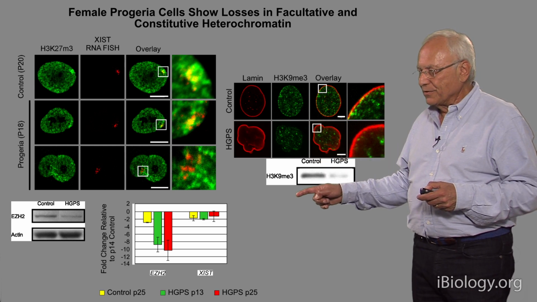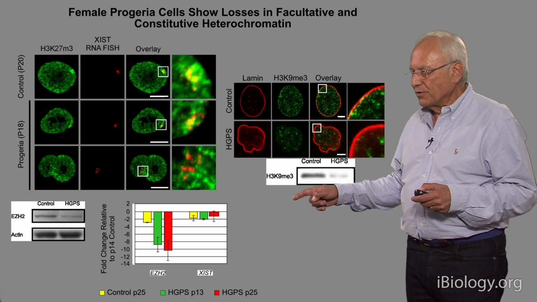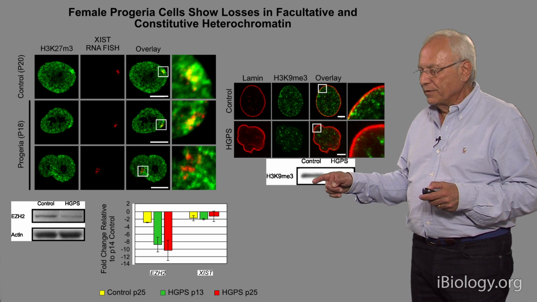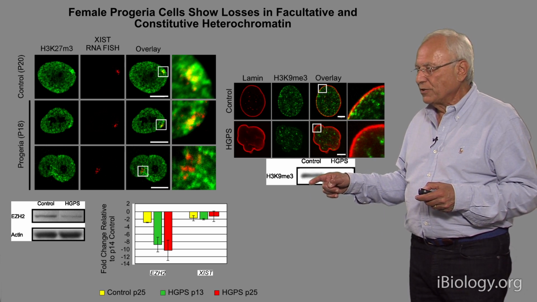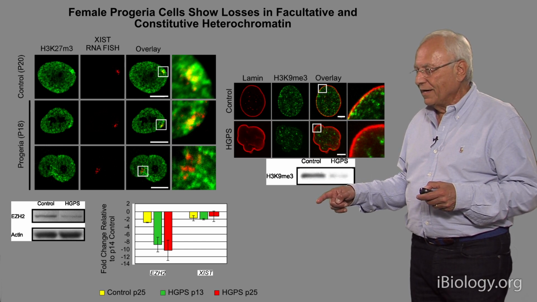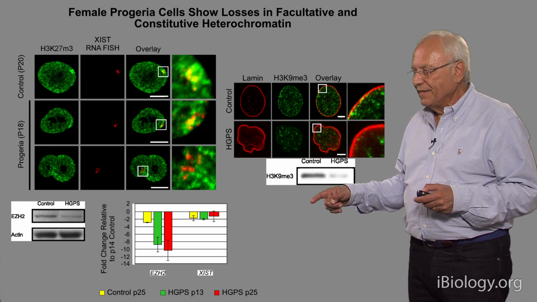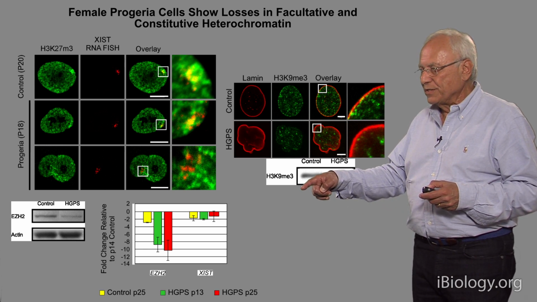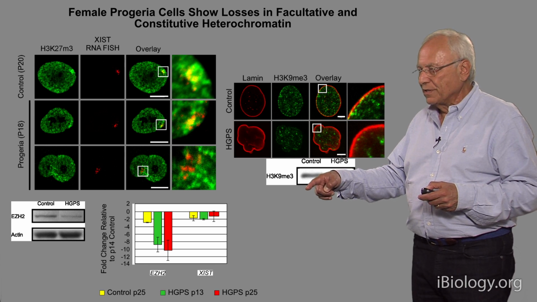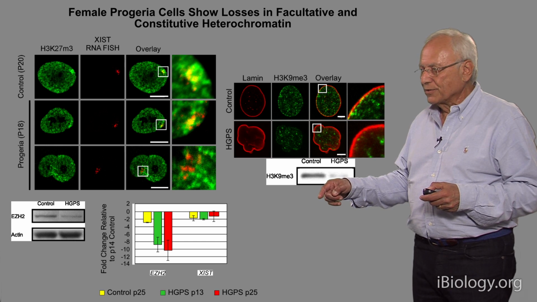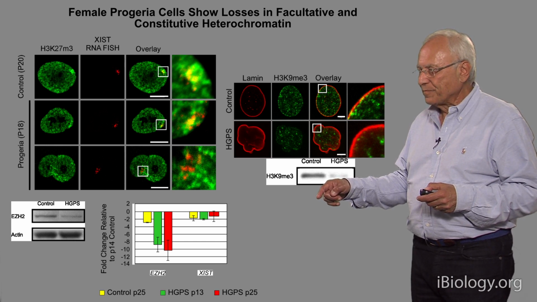On the lower right, you can see the result of an RT-PCR analysis, which shows that the enzyme EZH2, which is responsible for the H3K27 methylation, is greatly reduced in amount as a function of passage number again. And in the lower left, we see that EZH2 is also greatly reduced in the progeria cells at later passages.